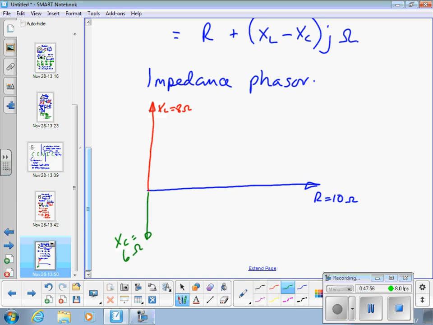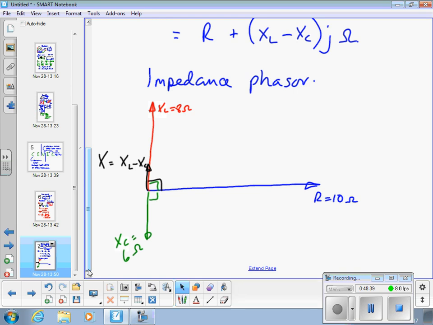XC 6 ohms. Both of those at right angles. What we end up with is another quantity here. The overall reactance X is equal to XL minus XC, and in this case that's pointing upwards because 8 minus 6 is 2, so we end up with a positive overall reactance again, thus at right angles.